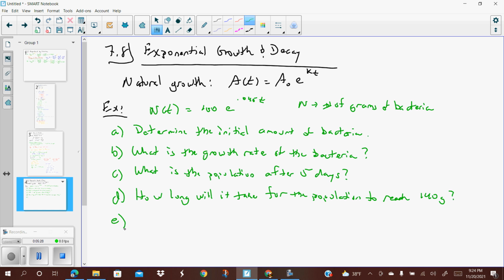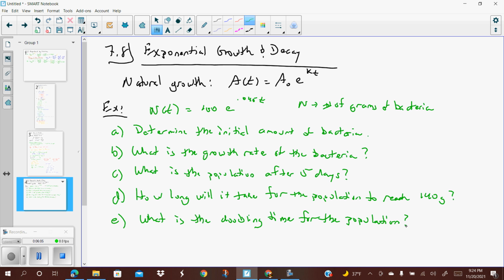And letter E, what is the doubling time for the population? Whoa, that was weird. All right, a bunch of parts to this one. Fortunately, there won't be nearly that many parts to some of the other ones that we do.